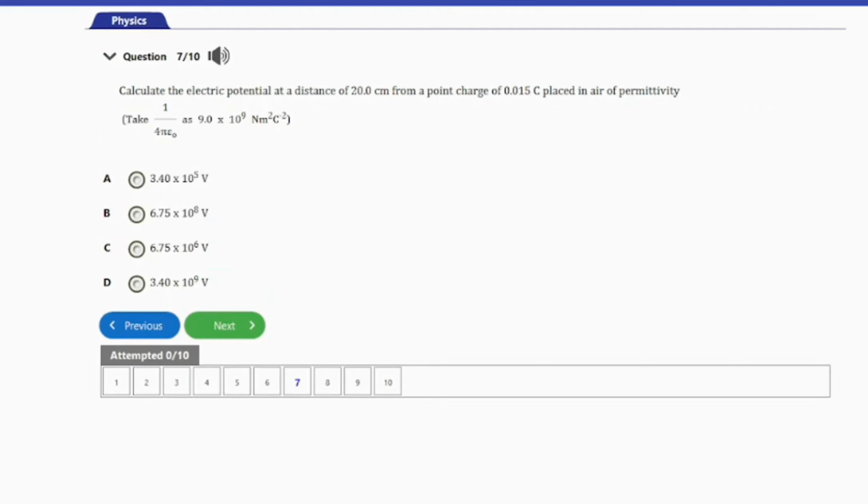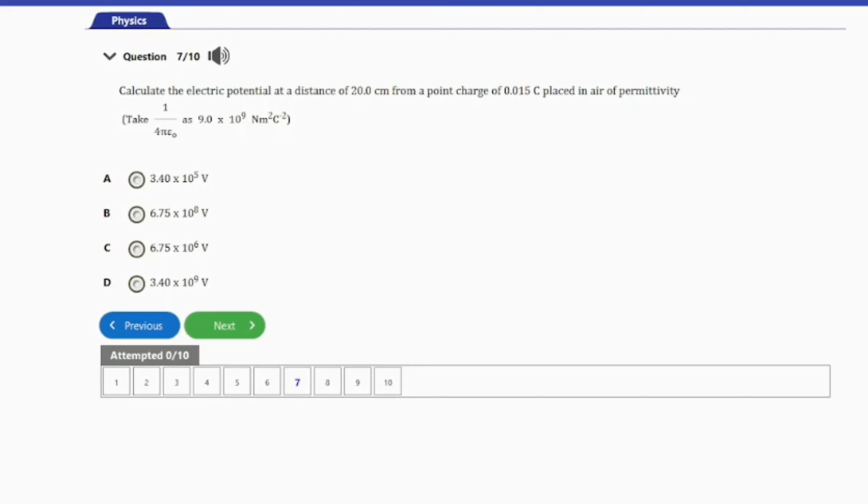So the next question here is question number 7. It says, calculate the electric potential at a distance of 20 cm from a point charge 0.015 coulombs placed in air of permittivity.